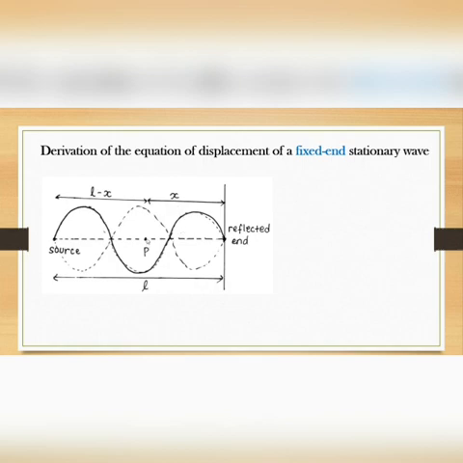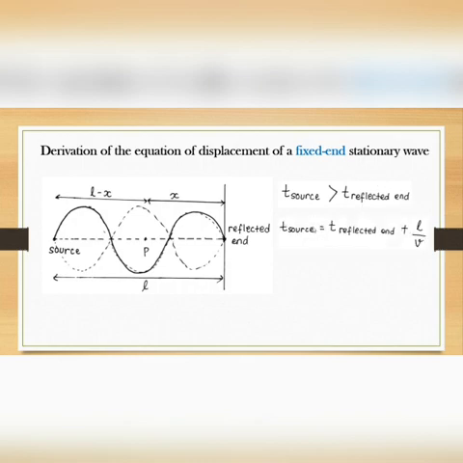At point P, at a distance x from the reflected end, there will be a displacement of the wave, and we can derive the equation of the displacement at this point P. What we have to pay attention to is the oscillation time of the source and the oscillation time of the reflected end. Of course, the time of oscillation of the source will always be greater than the time of oscillation of the reflected end.